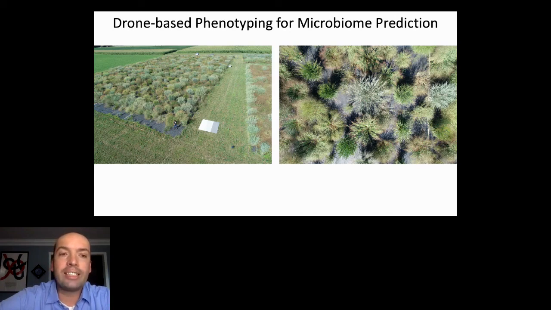With all of that data together, we're hoping to build predictive models of microbial communities over time, and to look at whether we can predict fungal infection or rust infection before we actually see it manifest on the leaves.